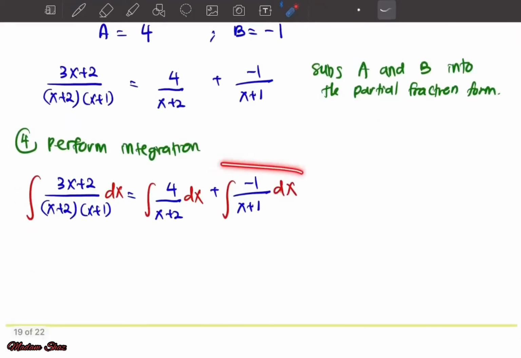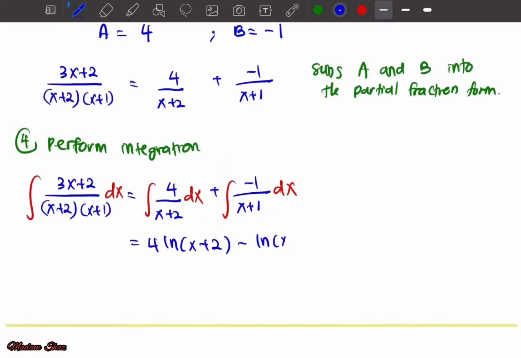So we integrate the right hand side, whereby integrating 4 over x plus 2 will become 4 ln of x plus 2. Integrating -1 over x plus 1 will become negative ln of x plus 1, and then you add the constant C, because there is no limit for this question. So this is the answer for the integration.